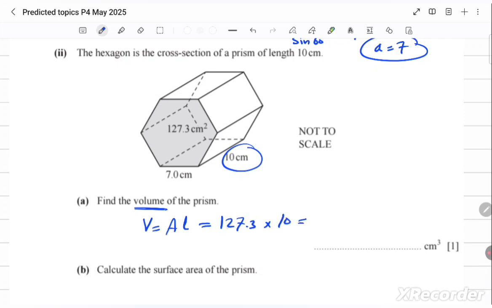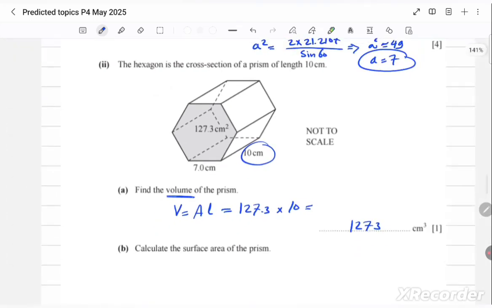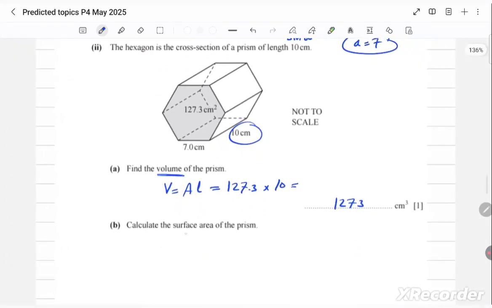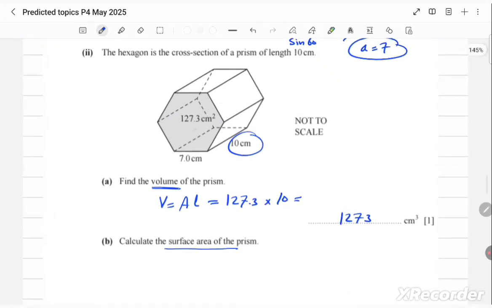Multiplying 127.3 by 10 gives 1273. Then we need to calculate the surface area. The surface area of this prism means the area of each face, each side.